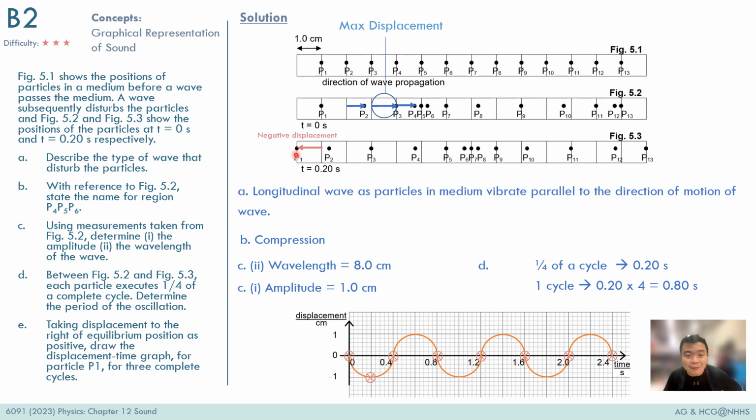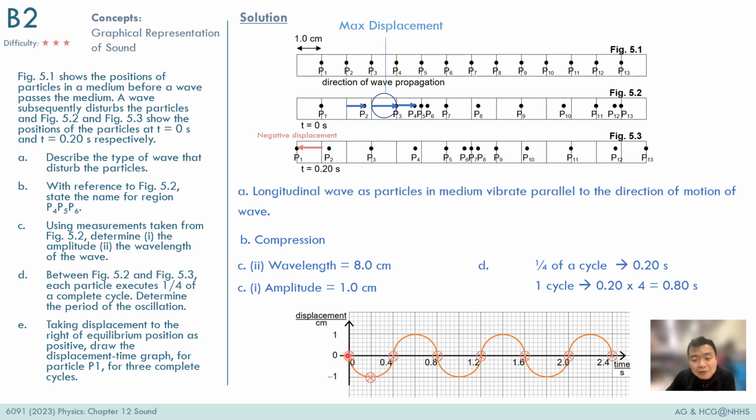So that means for this particle P1, when we start timing, the particle moves negatively, towards the left. That's why I know that the graph at time 0 and at time 0.2 moves towards negative displacement. So it moves downwards. And at 0.2 seconds, it's found at the amplitude value. The amplitude value we found just now is 1 cm. So over here.